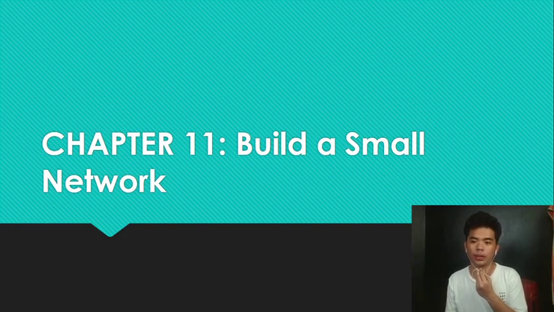AAA controls who is permitted to access a network (authenticate), what they can do while they are there (authorize), and watches the actions they perform while accessing the network (accounting).